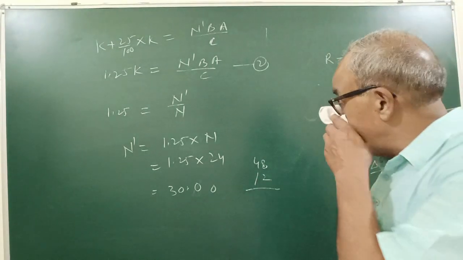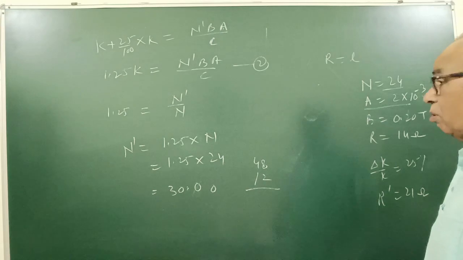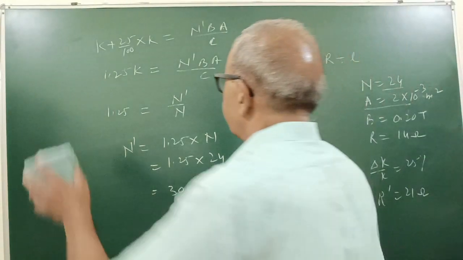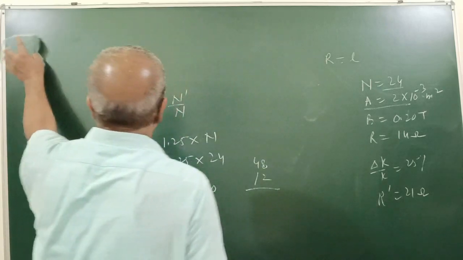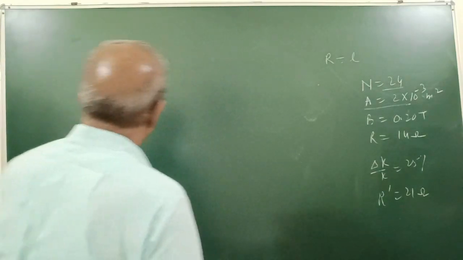Now here he asks how the voltage sensitivity can be affected. Very simple. Original resistance 14 ohm.